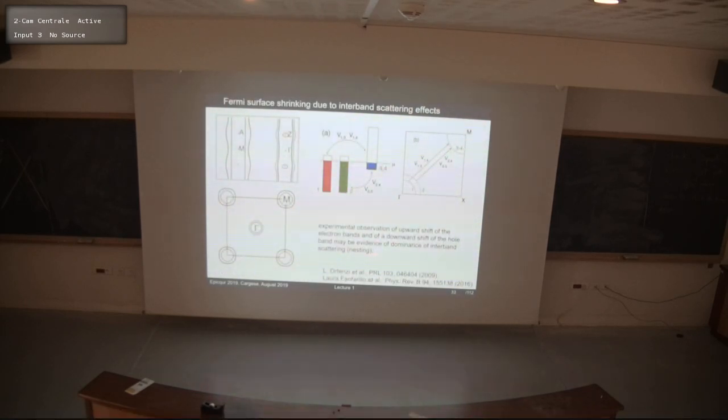This is one of the possible explanations presented in reports in 2009: if you have strong interaction between electron and hole bands, then that can lead to shrinking of the Fermi surface. Both hole and electron will shrink at the same time. And it's a possible evidence for strong nesting between the electron and hole bands.